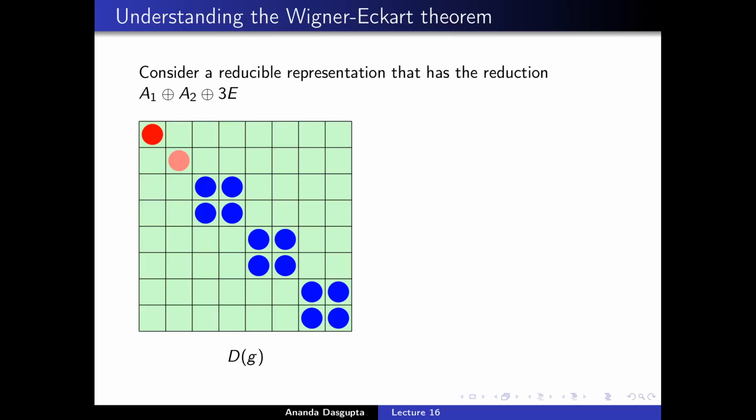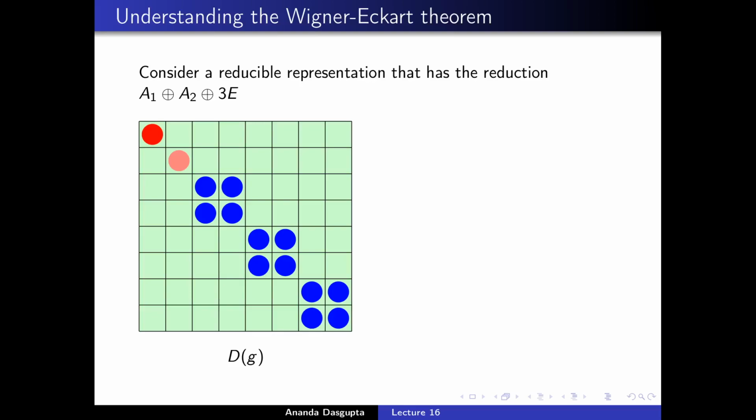For each and every one of the matrices, the blocks which do not have a circle in it are all zeros. What we are trying to explore here is the following. If we have an operator which commutes with each and every one of the representation operators, LGs, or a matrix M which commutes with each and every one of the DGs for all the small g's in capital G, exactly what structure does this particular matrix have once you have chosen a basis which manages to cast all the DGs in this block diagonal form?